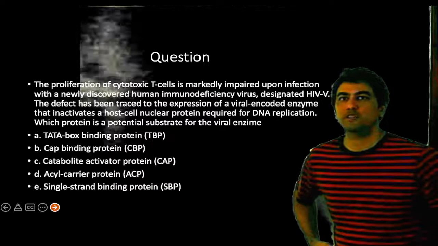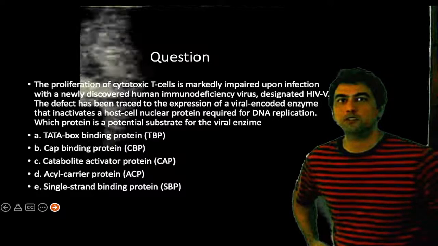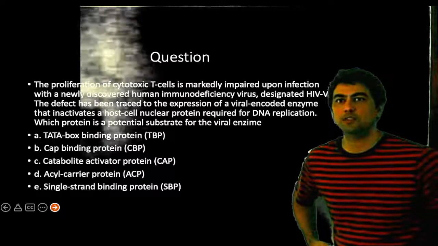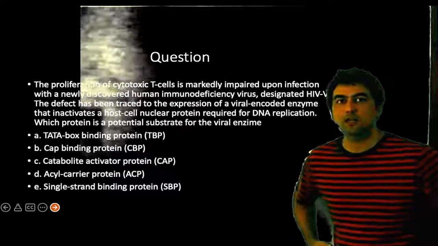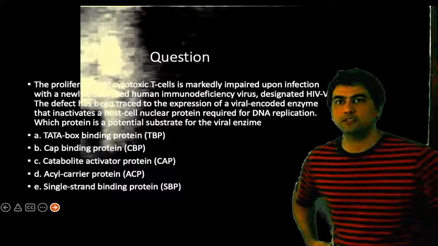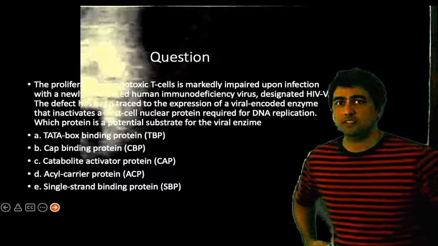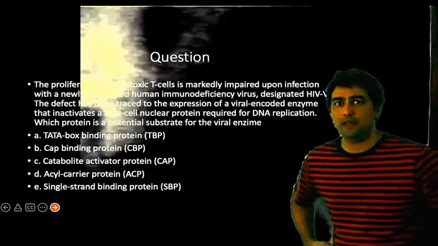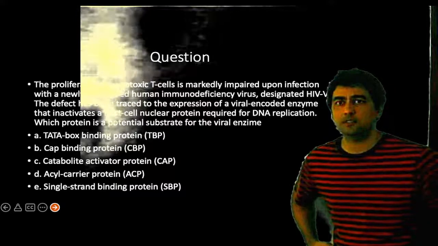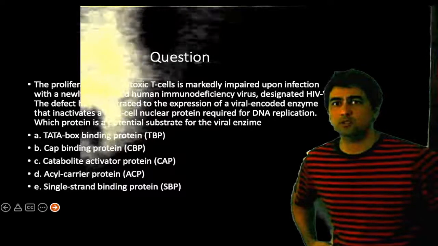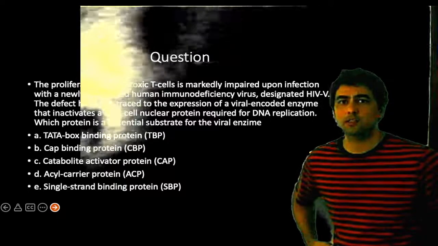The proliferation of cytotoxic T cells is impaired upon infection with a newly discovered human immunodeficiency virus designated HIV-5. The defect has been traced to the expression of a viral encoded enzyme that inactivates a host cell's nuclear proteins required for DNA replication.